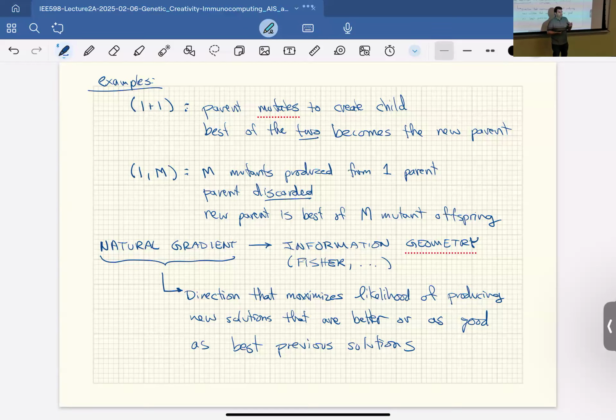So without going into too much detail, the general idea is, if we think statistically about what's going on in an evolutionary strategy, you've got a bunch of individuals that are just scattershot around the decision space. And a set of them are a lot better than others. So then you look at that set and you say, that set that's better than others tells me something about the fitness function.